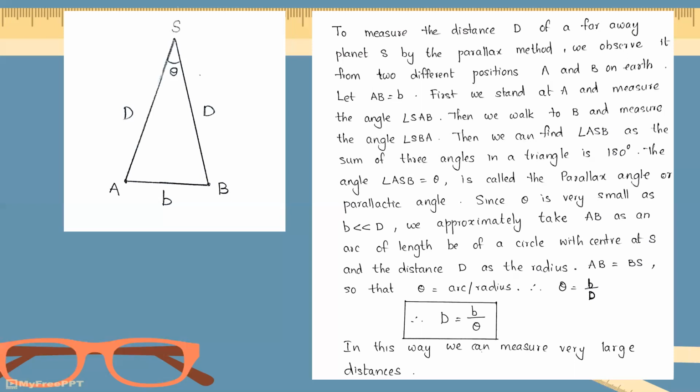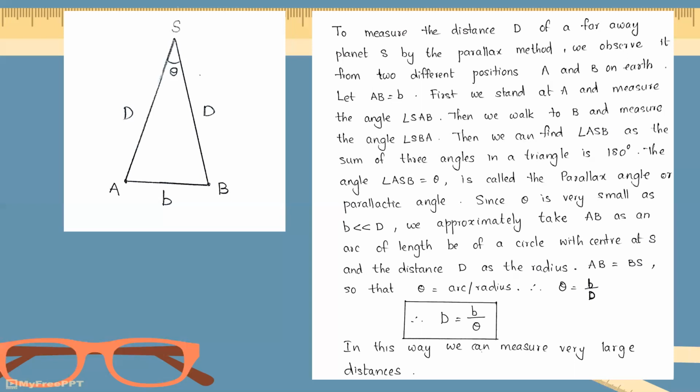The distance between A and B is small b, that is the arc length. AB is the arc length, radius is capital D. Therefore, angle theta is equal to arc by radius. Therefore, theta is equal to small b by capital D. From this equation, you can find capital D is equal to b by theta.